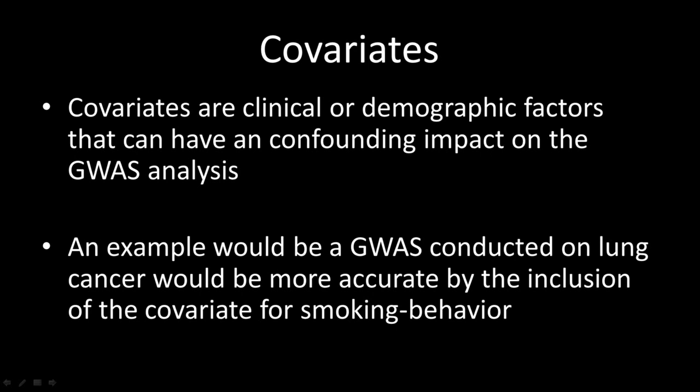Covariates are clinical or demographic factors that have a confounding impact on the GWAS analysis. An example would be a GWAS conducted on lung cancer, which would be more accurate with the inclusion of the covariate for smoking behavior.